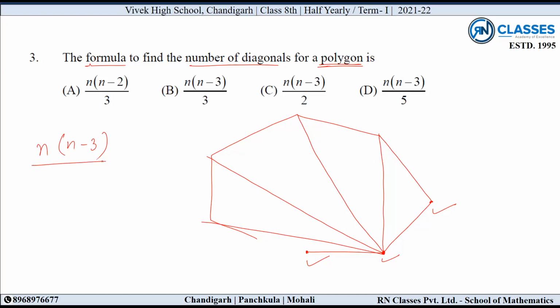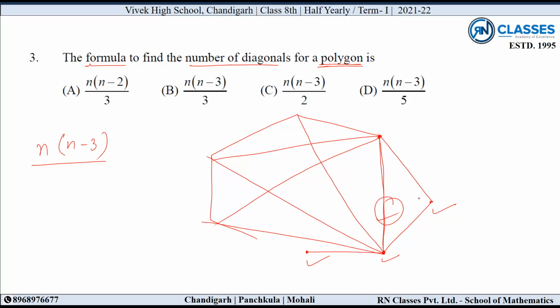Now divided by, why divided by? If you connect from here to this vertex, you have counted this, this is one diagonal. Once you reach this vertex, when you are counting from here, counting like this, you will count it again because you will be taking it like this.